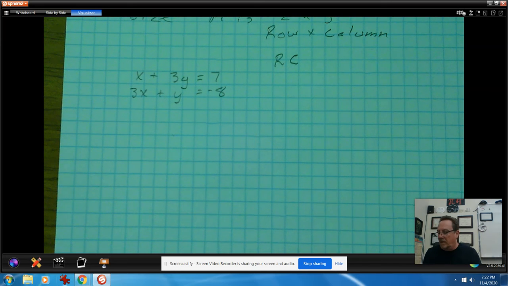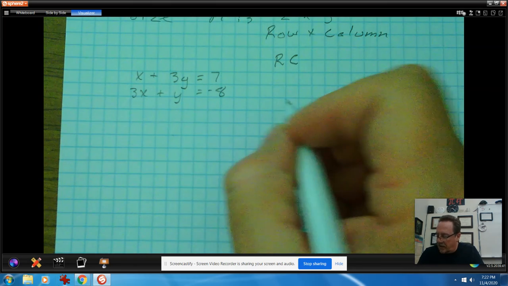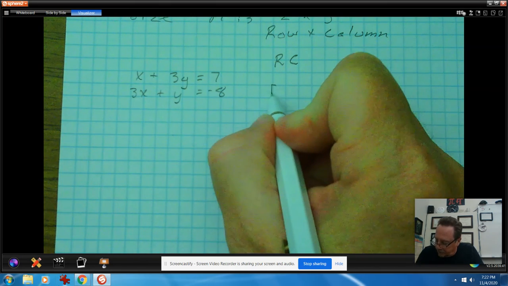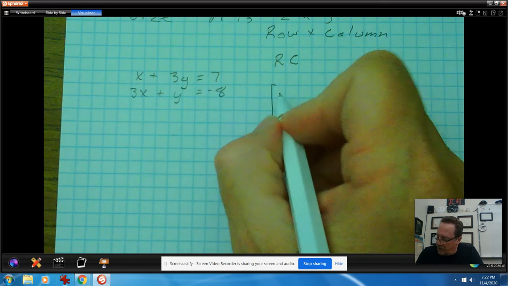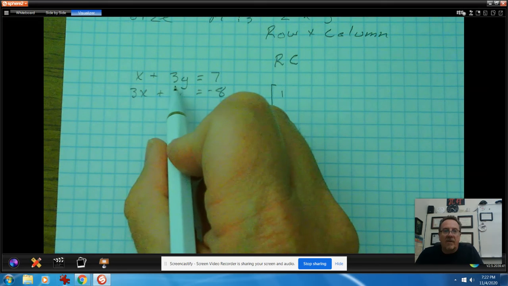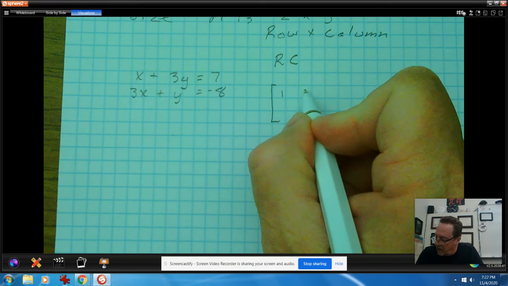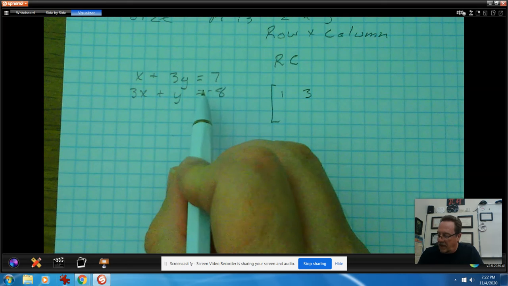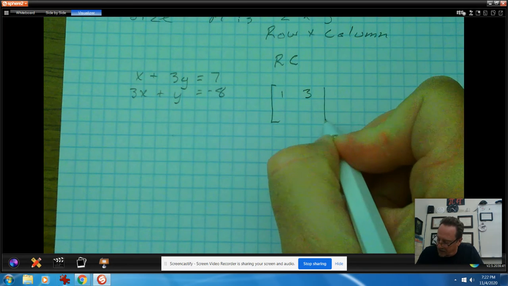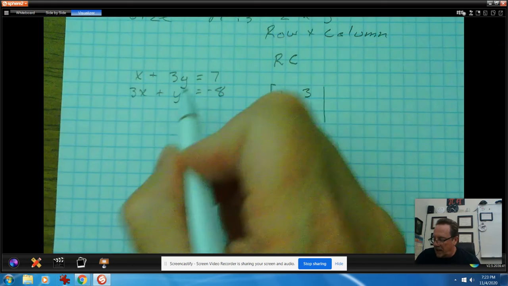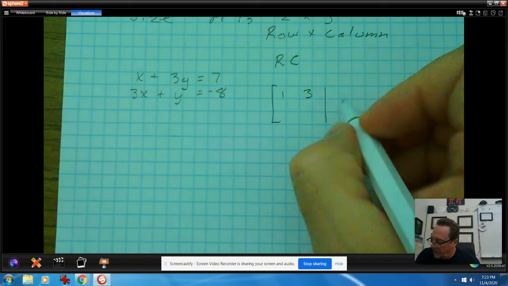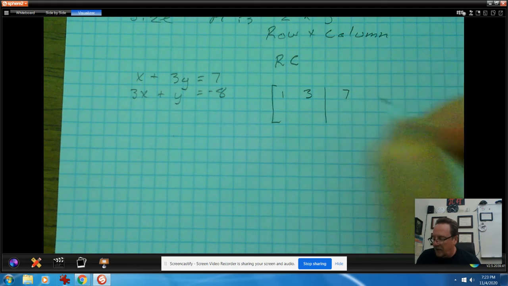we could write down just the coefficients, those are the numbers that come in front of the variables, into a matrix. So I can write the number 1, that's the coefficient in front of the x, the number 3, that's the number in front of the y, and then I'm going to draw a bar here because this is what's called an augmented matrix. That bar is kind of taking the place of the equal sign, and the last number of that then would be 7.